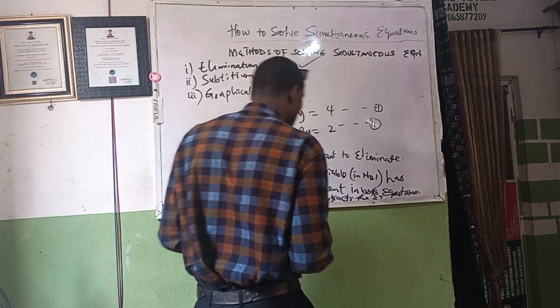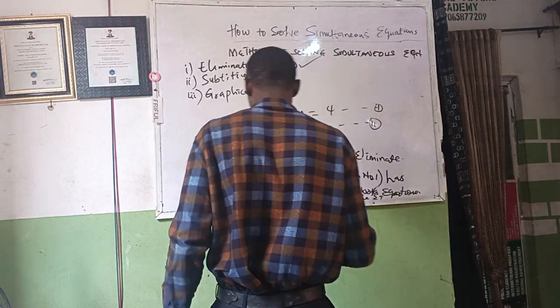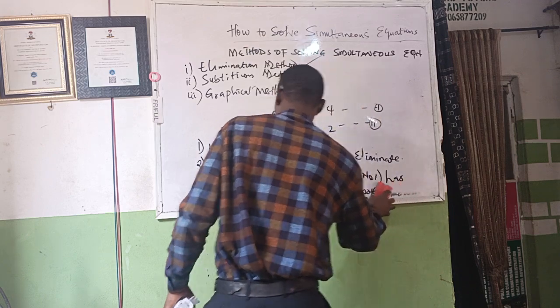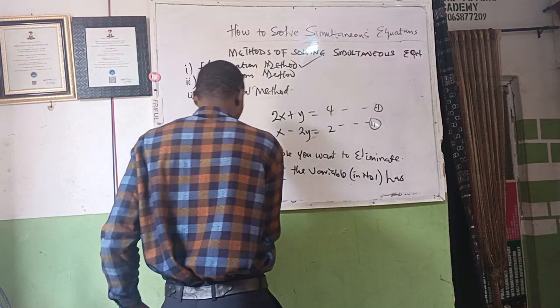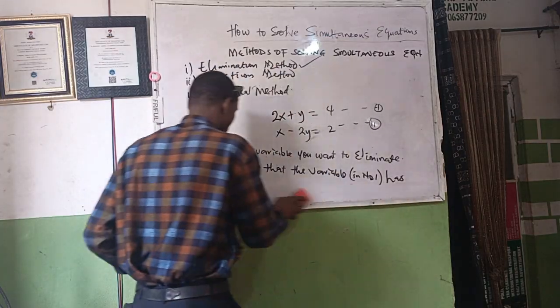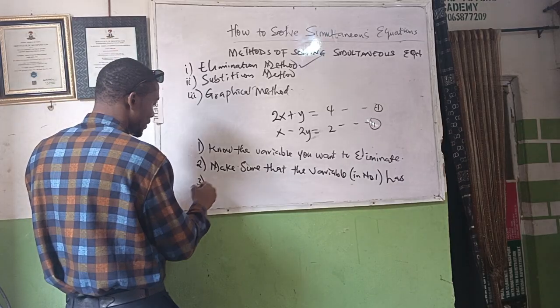So you subtract one of the equations from the other. Okay, now we have grasped number 2, so I can pave way for number 3. For number 3, if the signs are the same, you subtract.